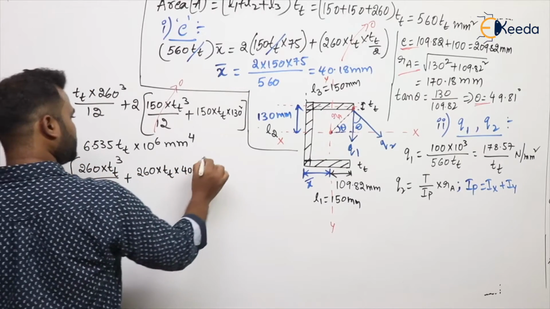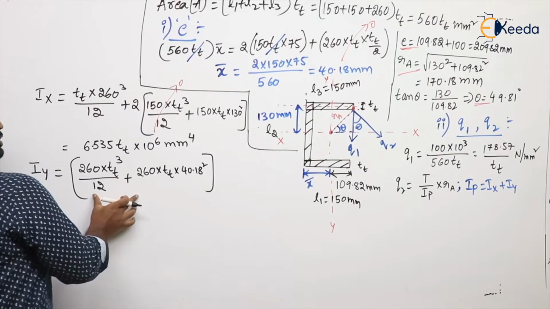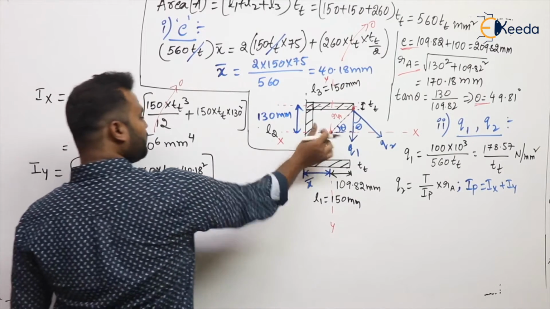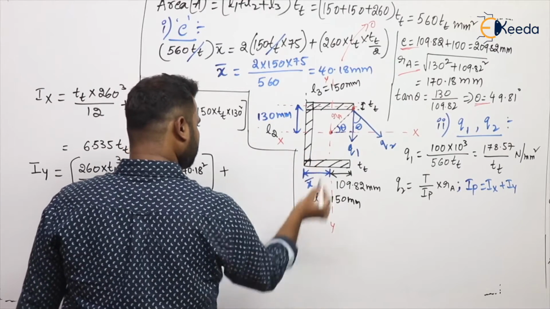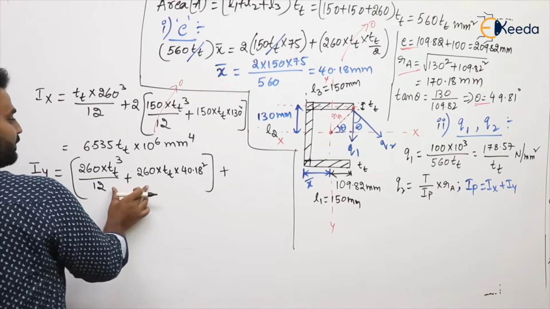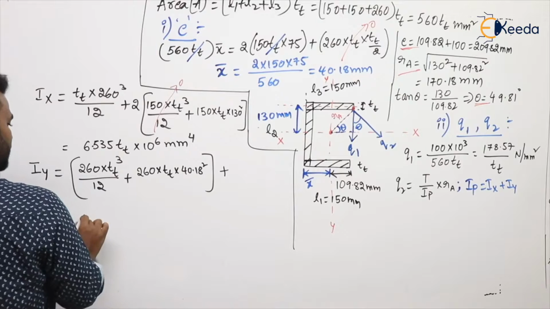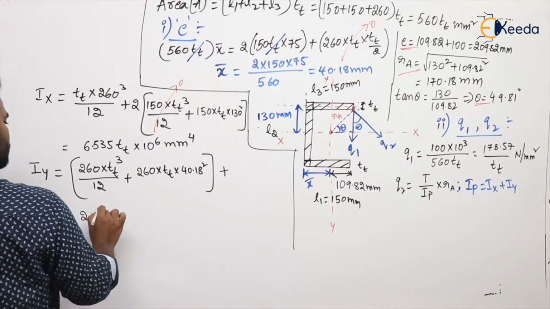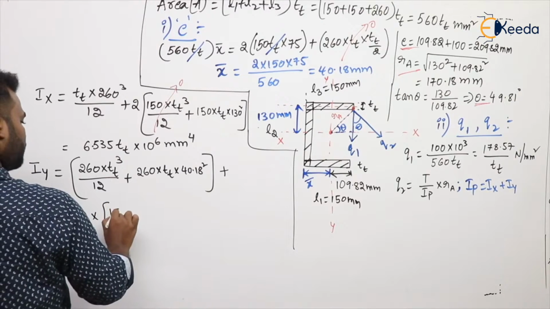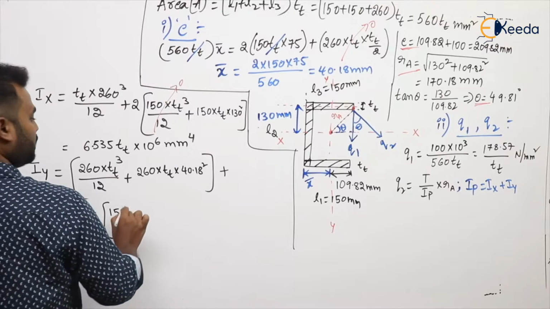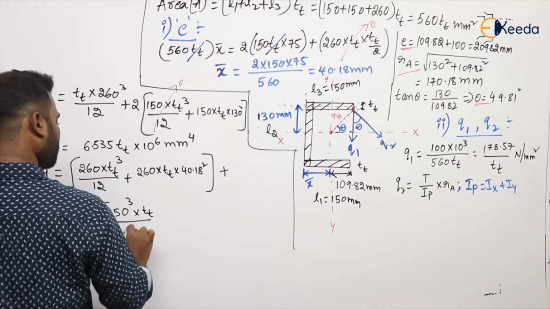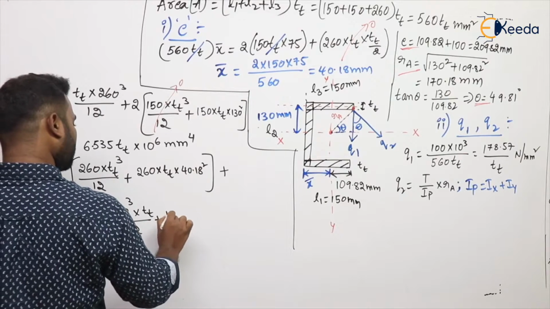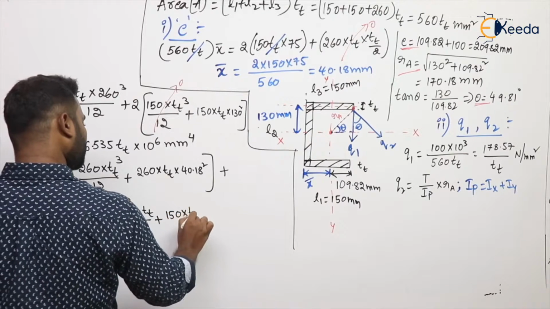So this is the CG. Sorry, this is the moment of inertia of the vertical rectangle along YY. Now let us see for the horizontal rectangle. Two rectangles are there. So 2 into 150 cube into TT by 12 plus area 150 into TT.